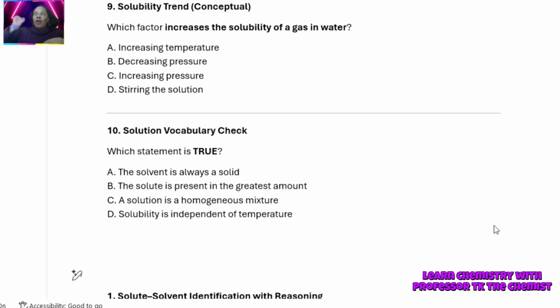Think, cold refrigerator to room temperature. It's probably warmer in your room. That's why your soda goes flat, and that's why cold drinks keep their fizz. So there is chemistry in that can of soda. So yes, the answer to this question is letter C. Increase the pressure.